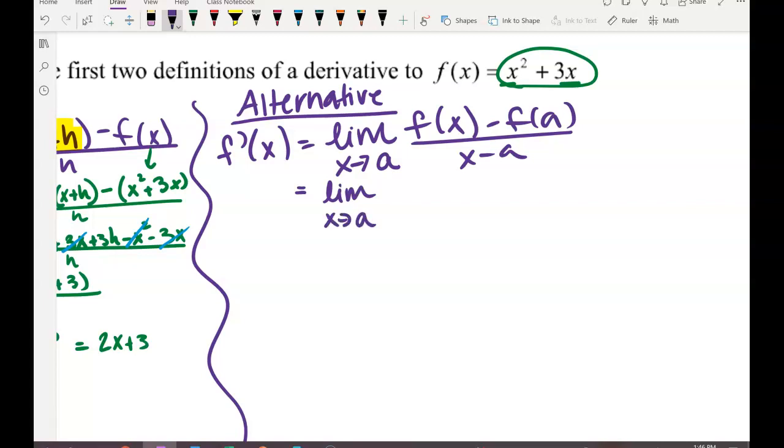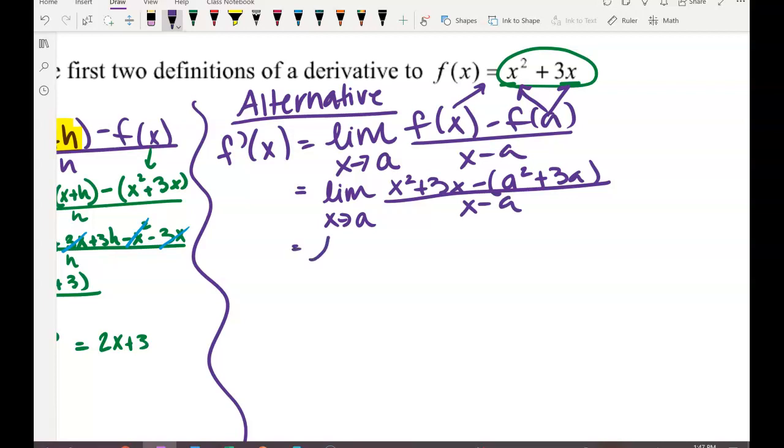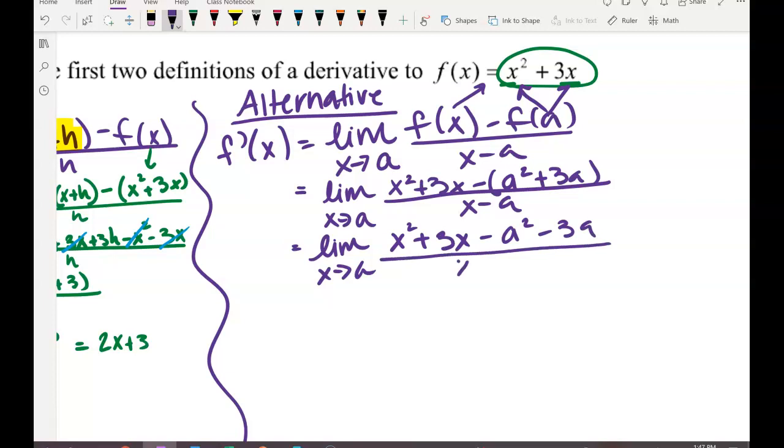So x approaches a, f of x is this original equation, so that's x squared plus 3x minus, to evaluate f of a, every time you see an x, we are now going to put a, so a squared plus 3a, all over x minus a. Then from here, we are going to slowly work out the algebra. So x squared plus 3x minus a squared minus 3a all over x minus a.